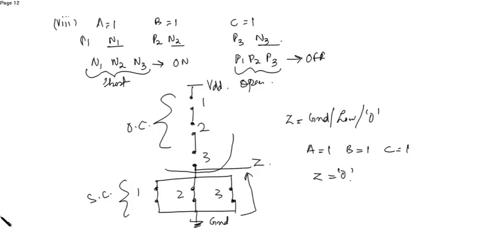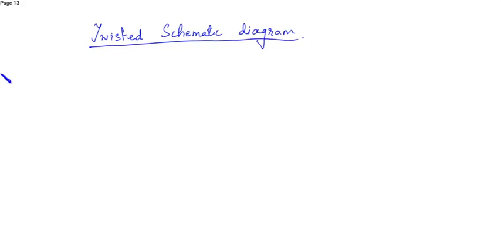So now let's see the twisted schematic. The twisted schematic diagram of a 3-input NOR gate. This is the twisted schematic diagram. The twisted schematic diagram is done as there are 3 PMOS and 3 NMOS.